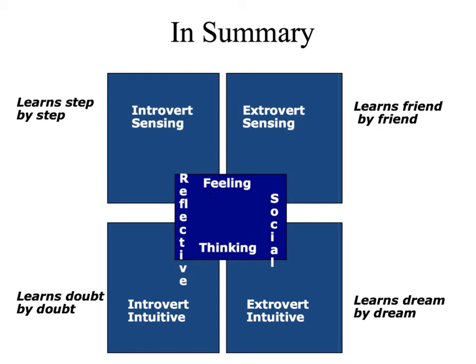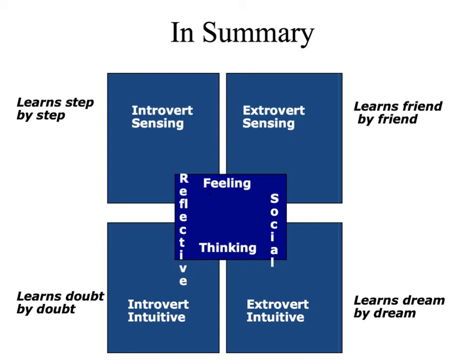So feeling to thinking. The other range has to do with the relationship between social activity in the learning process. On one end of the spectrum would be a student who needs a highly social environment in order to learn, versus a student who needs a more solitary learning environment where they can be reflective to themselves.